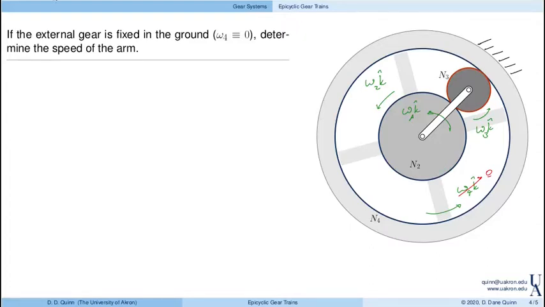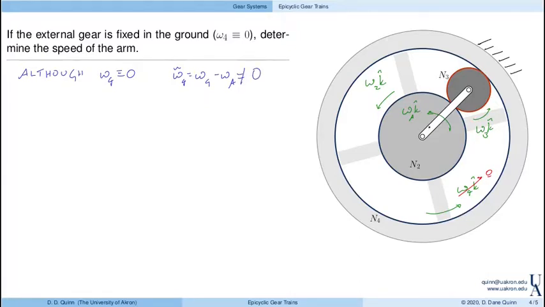So although omega 4 is equal to 0, right? It's identically equal to 0. The relative speed, which is omega 4 minus omega arm, is not equal to 0, right?